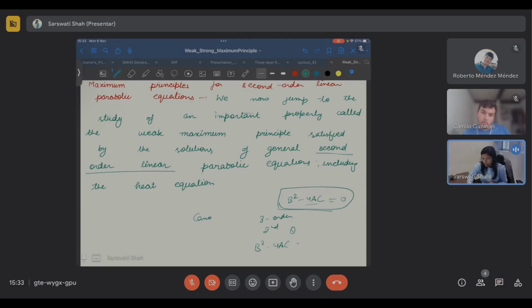To check this condition, we have to be with only two independent variables. When you have two independent variables, then you can find this coefficient. If you have more than two independent variables, you cannot find this.